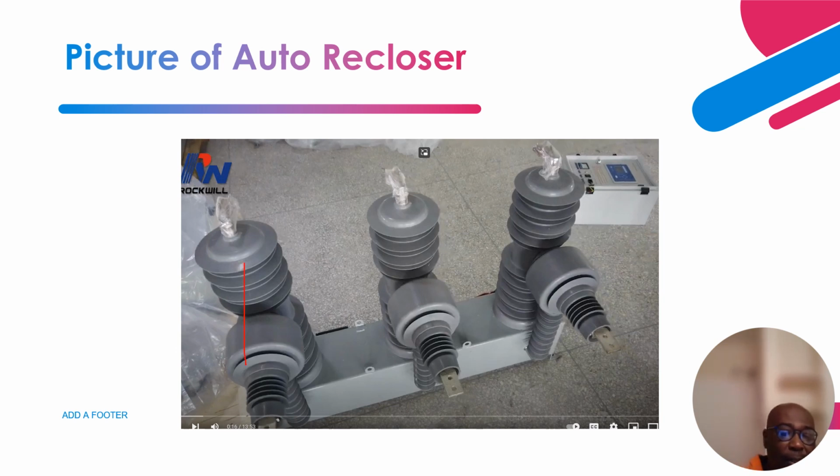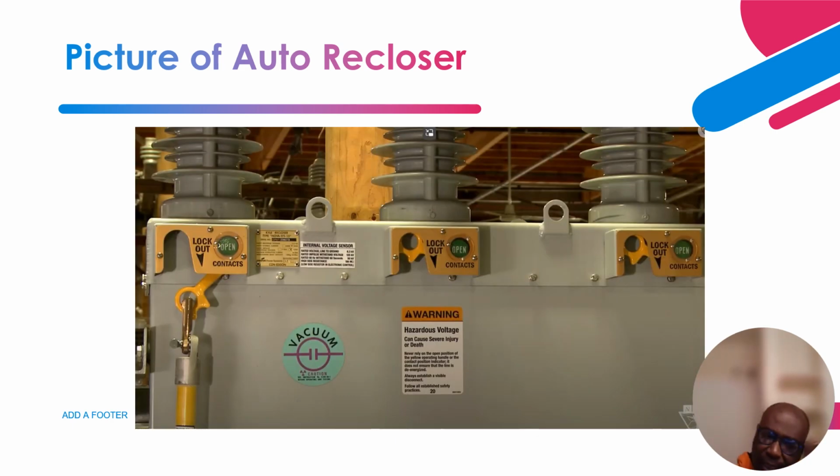Okay, so this is also another picture of a recloser. As you can see, this is phase A, phase B, and phase C. These are vacuum breakers, so within the contact, it has vacuum to extinguish any arcing that occurs.